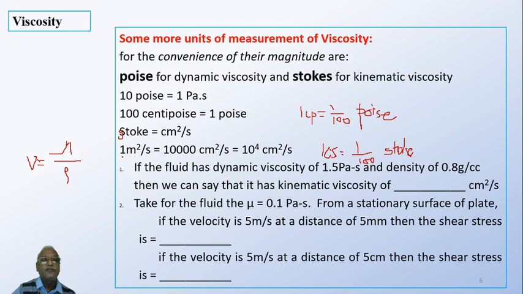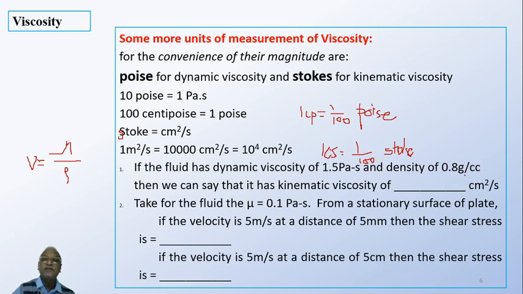The only thing is we have to properly substitute the units. Here it is 1.5 pascal second, or 1.5 Newton second per meter square, and density is given as 0.8 grams per cc.